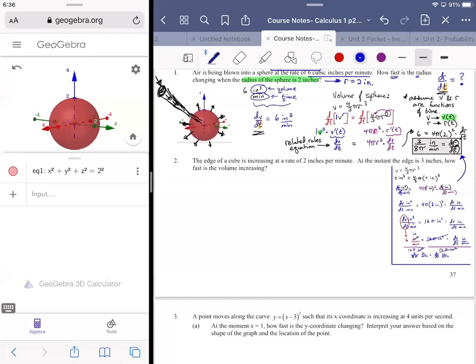Number two, I might actually be able to draw this one somewhat okay, I suppose. The edge of a cube is increasing at a rate of 2 inches per minute. At the instant the edge is 3 inches, how fast is the volume increasing? So I'll just draw a cube real quick. It's not going to be pretty.